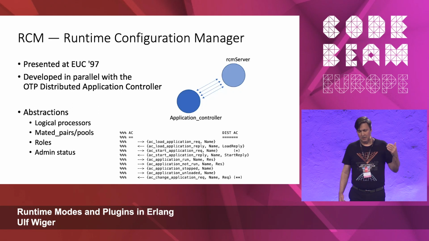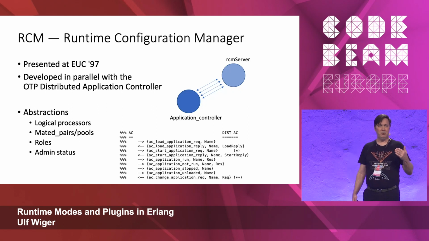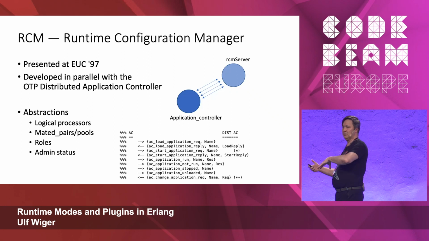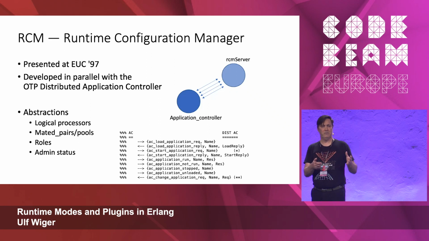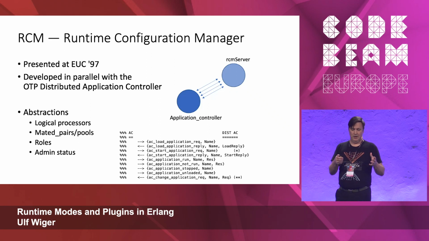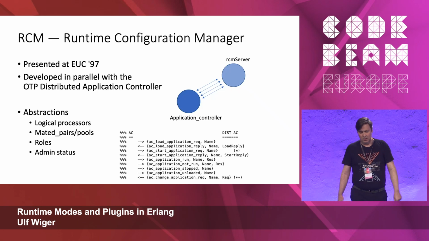RCM also had some abstractions that we found useful. Logical processors, for example. We wanted to use the configuration, not the node names, because the node names would be different on the target environment and in a development environment. So we just had atoms like CP1, CP2, up to CP16, or CP32.